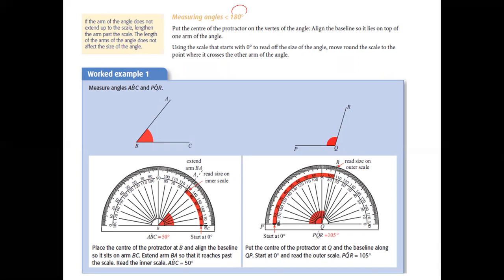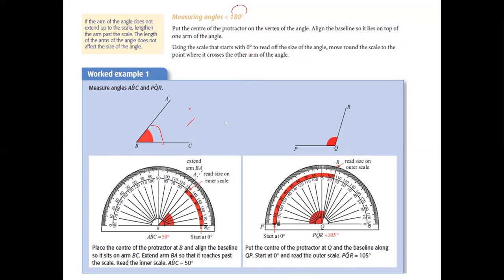So I want to measure, I want to scale the angle of this shape ABC, and what is the degree of the angle at B. Measure angles ABC and PQR. There we have two separate examples, and we need to measure both of them.